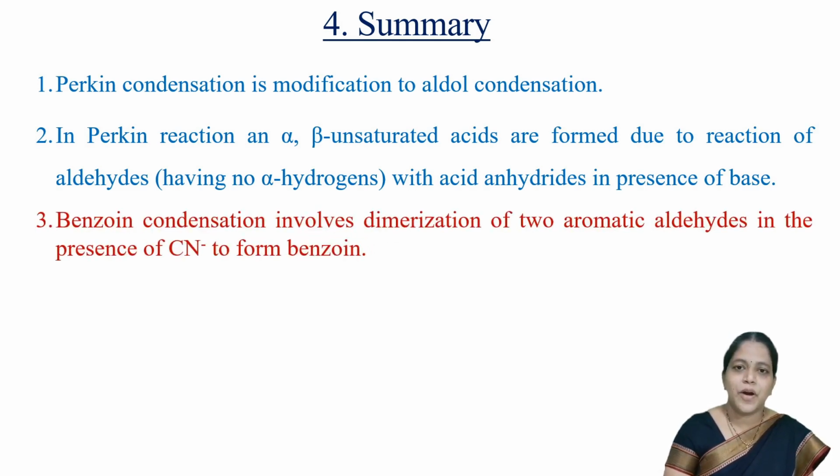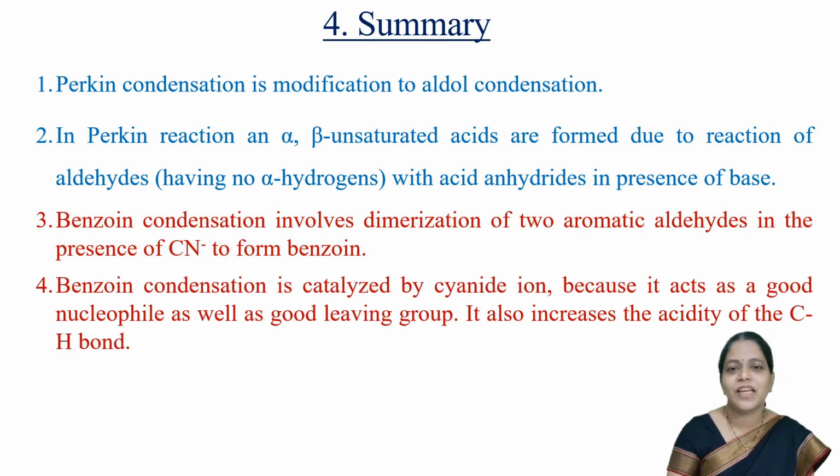We discussed the benzoin reaction, which is the dimerization of aromatic aldehydes in the presence of cyanide ion to form alpha hydroxy ketones, which are commonly known as benzoins. We have even discussed the importance of the role of cyanide ion in the benzoin reaction, that it acts as a very good nucleophile and a very good leaving group also. And cyanide ion increases the CH bond acidity in cyanohydrin.